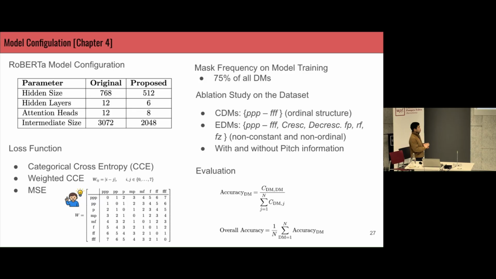So I removed pitch information. There's research saying that pitch information also matters for perceptual loudness, so I also wanted to see how the result changes if pitch information is removed 100%. So this ablation study is conducted as well. And evaluation is done by the correct detection ratio for each dynamics marking, and I took the average of them.